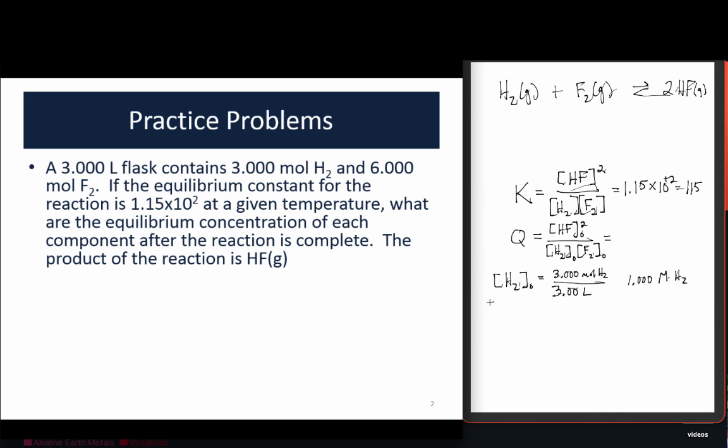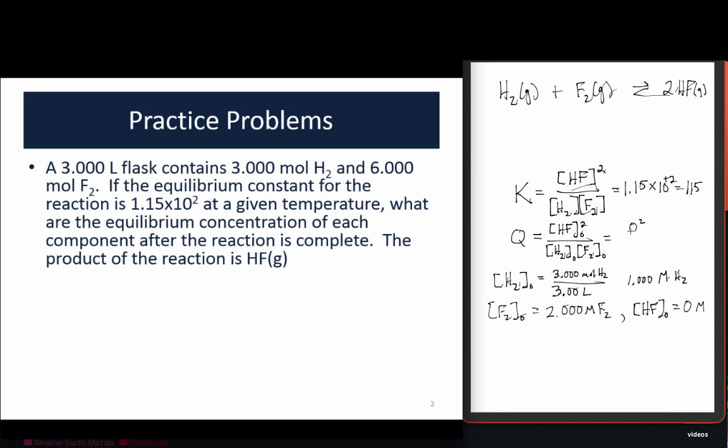We do the same thing for fluorine, and we get 2 molar. And because the problem doesn't mention anything about our HF concentration, we should assume that we're starting with 0 molar HF.